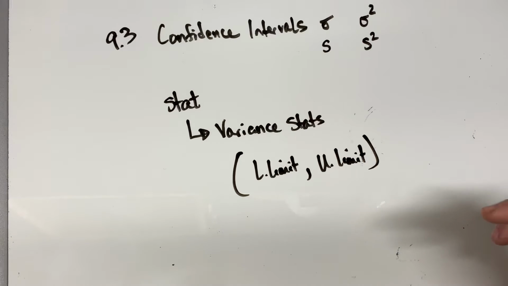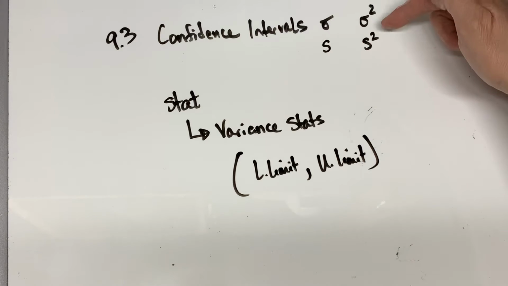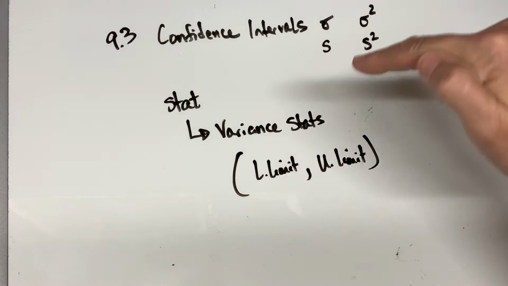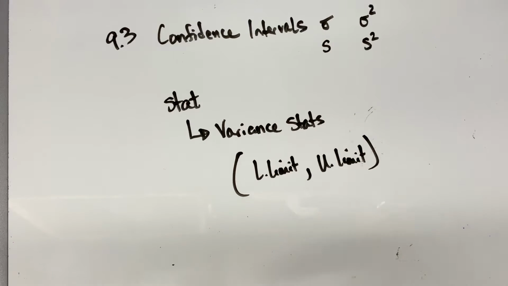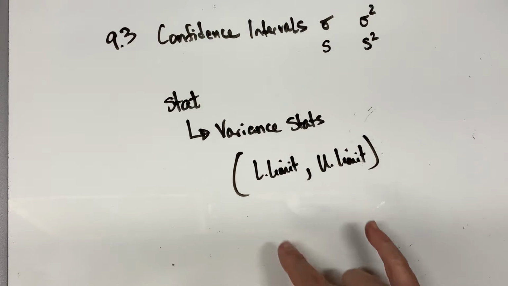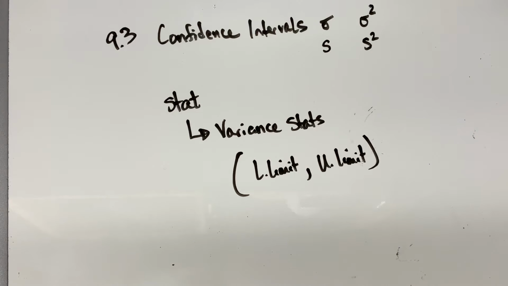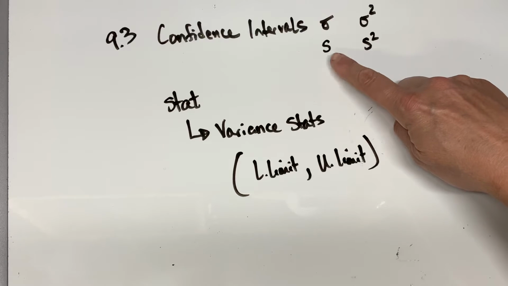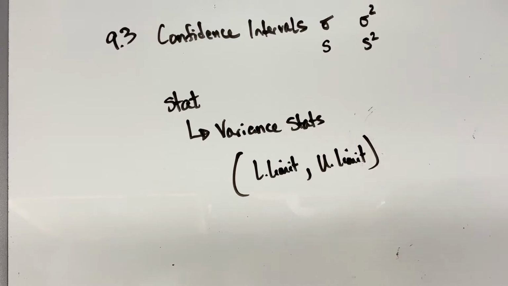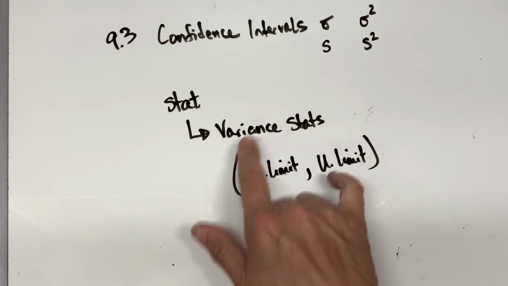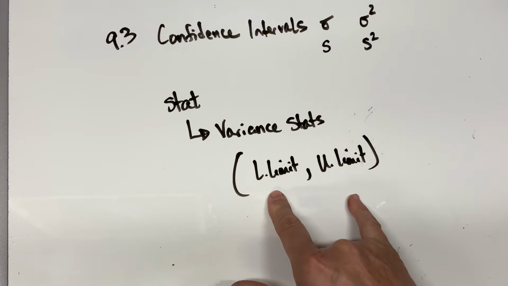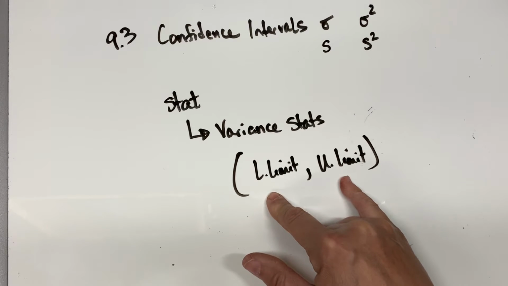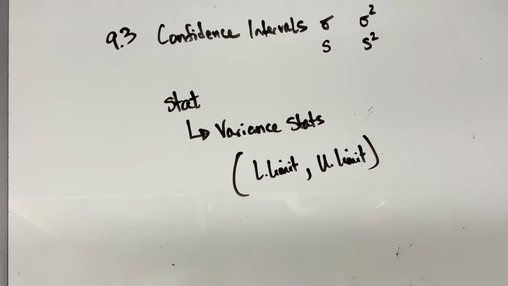If they're asking you to find a confidence interval about the variance, then you just simply do your confidence interval with the variance stats, and whatever the numbers are is what you put in for your answer. But if they ask you to find the confidence interval for the standard deviation, then you're going to do it through the variance stats tool, but when you get your two limits, you will take their square roots.